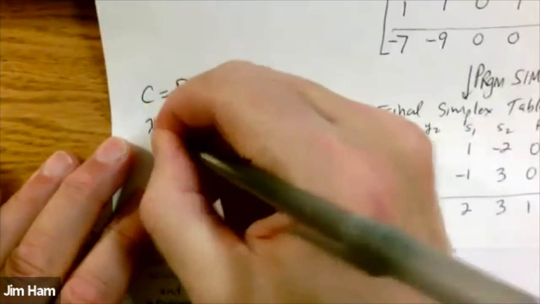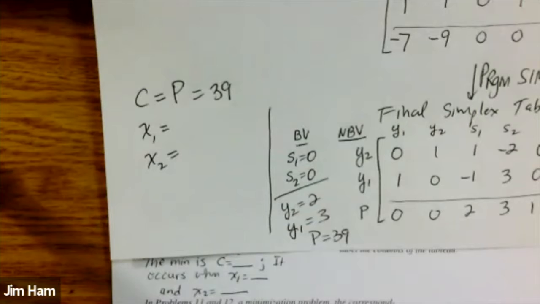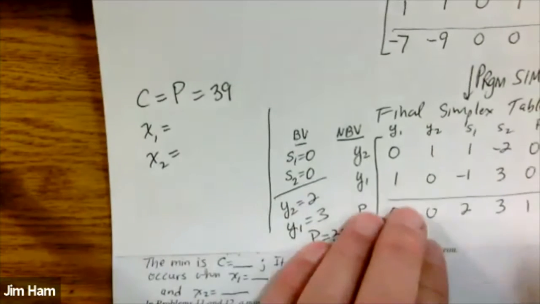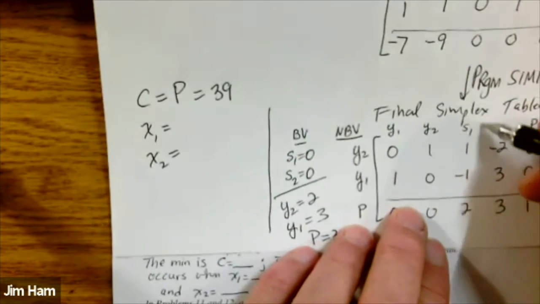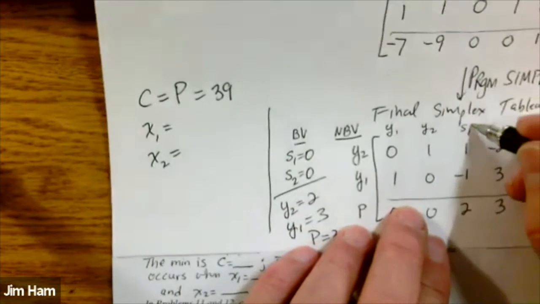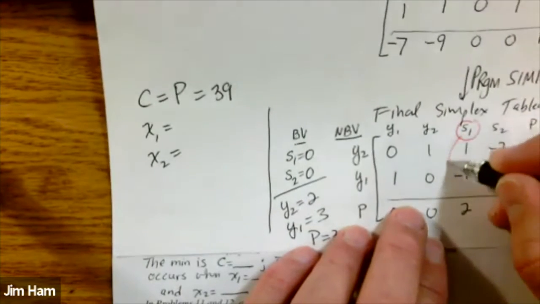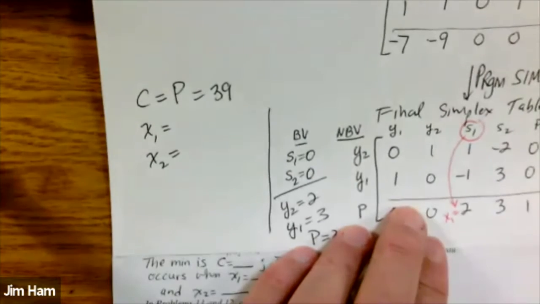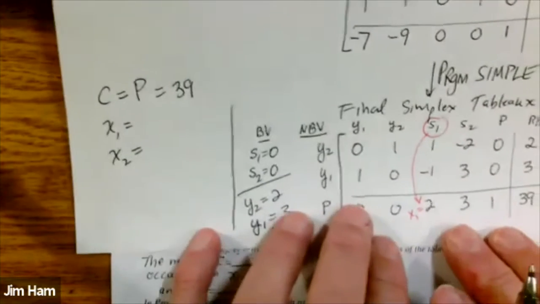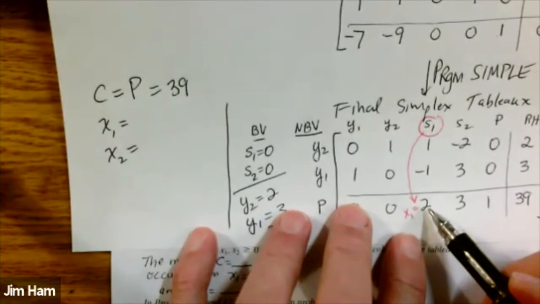Okay, x1 and x2 are the last two that we need. And it turns out that those values will be found in the last row corresponding to the slack variables. So S1 is here, so the value of x1 is in the last row underneath S1.